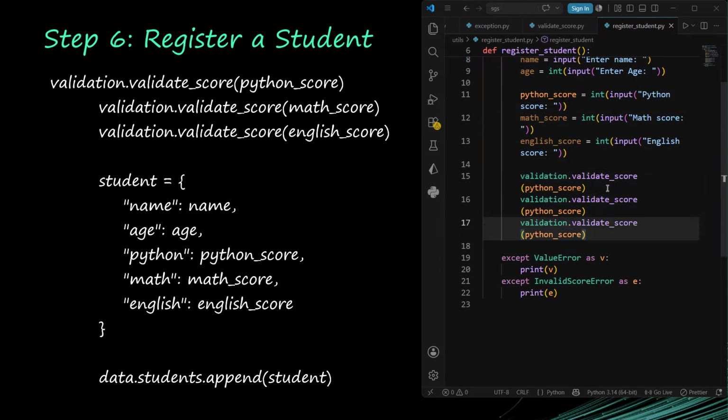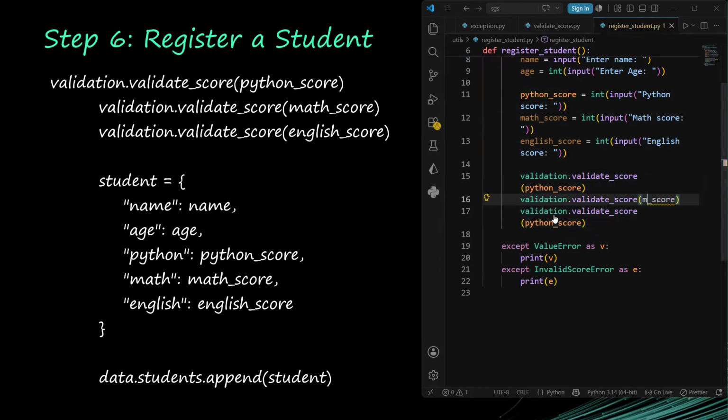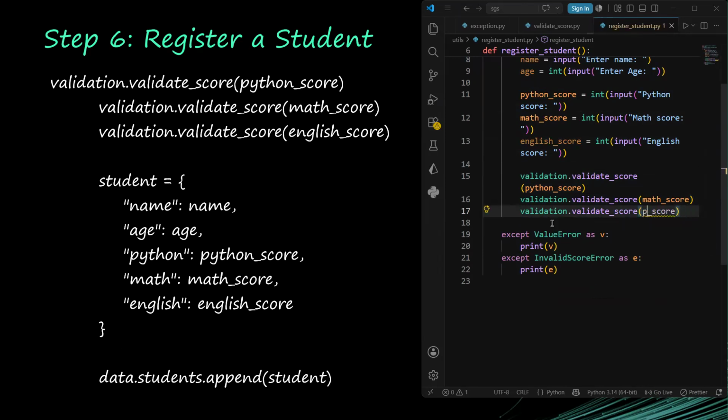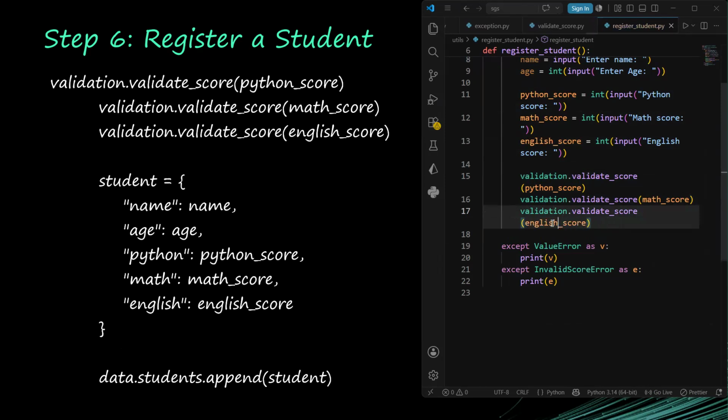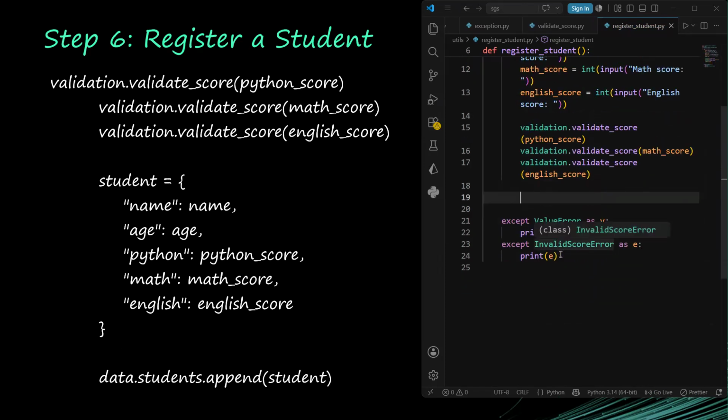I will say math score, and then I will say English score. Okay. Now, if there is any error, it will throw invalid score error, and then we will catch it here, we'll handle it here.